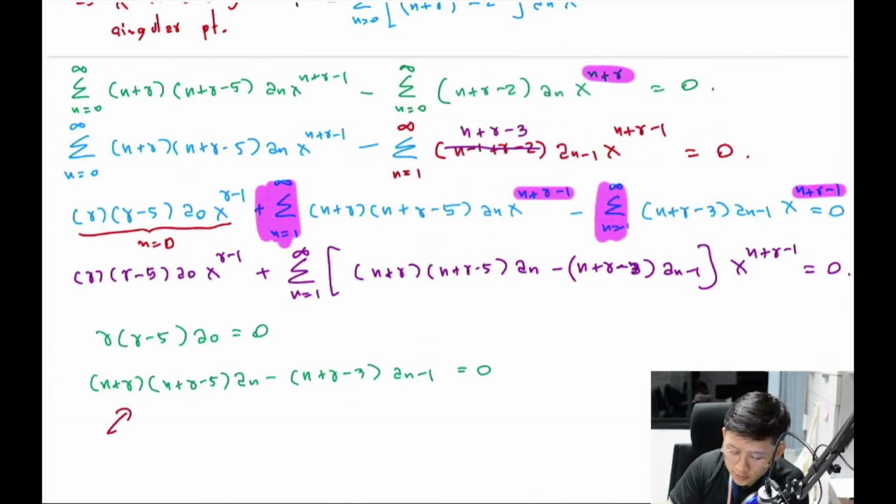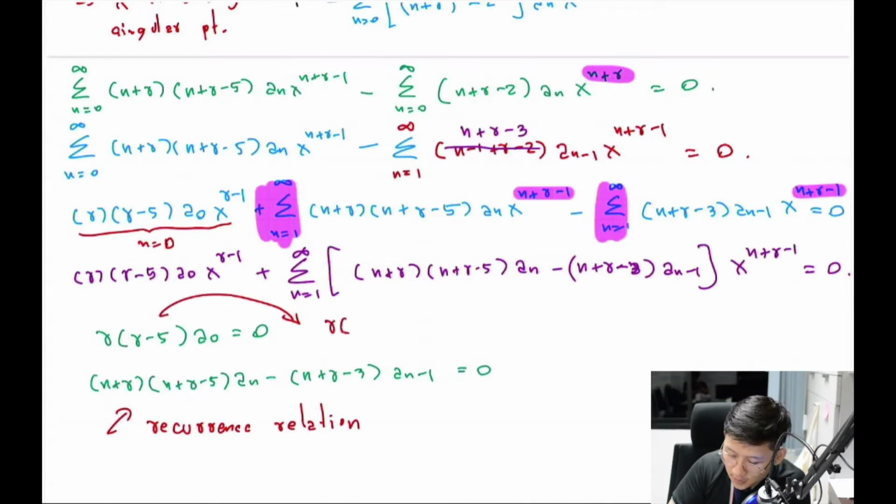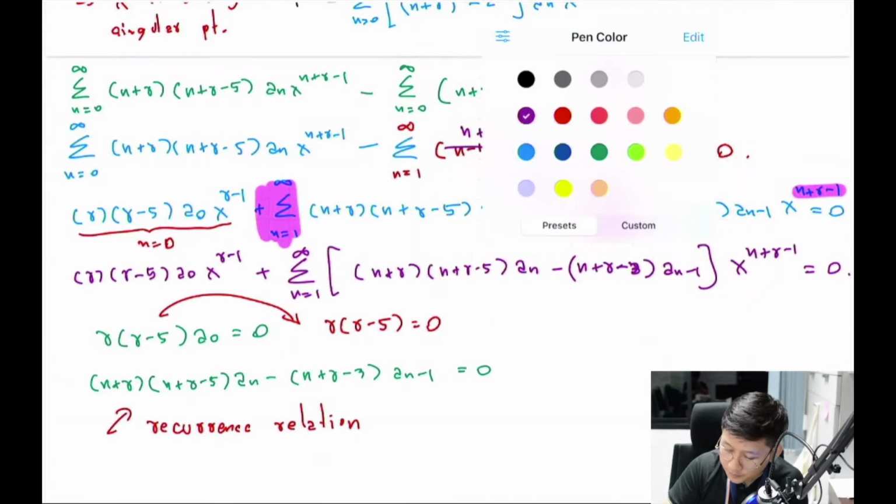And we call this equation the recurrence relation. And from here, we get r minus 5 equals 0, and that is the indicial equation.